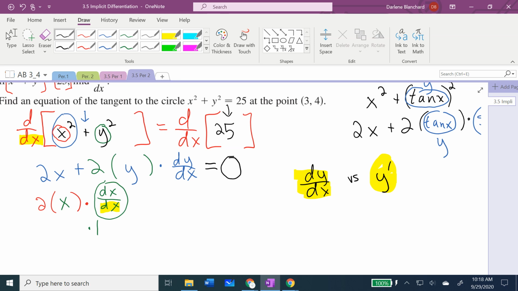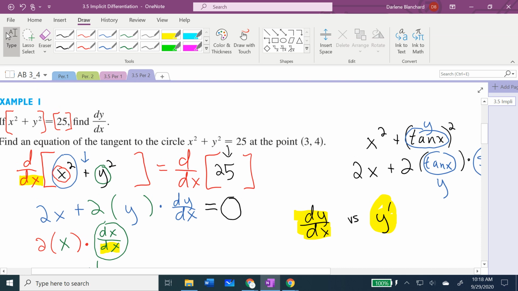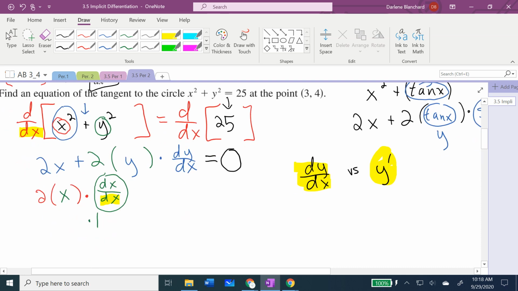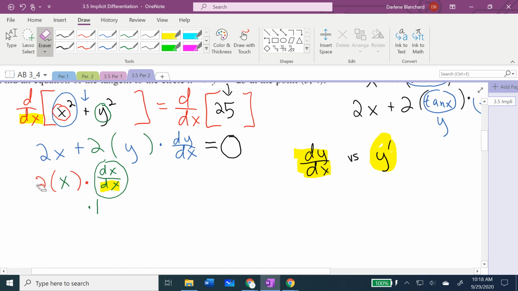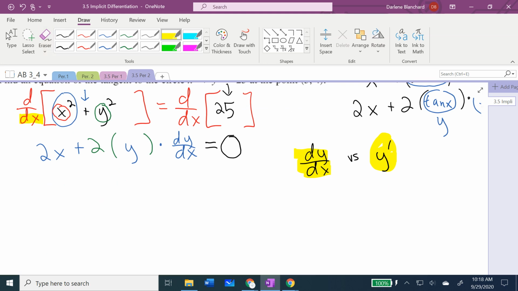Okay. So we have not done what the problem asked. The problem asked us to find dy dx. I'm going to erase this bit down here and look at the fact that this is my equation. And we call this a differential equation because it has a derivative in it.